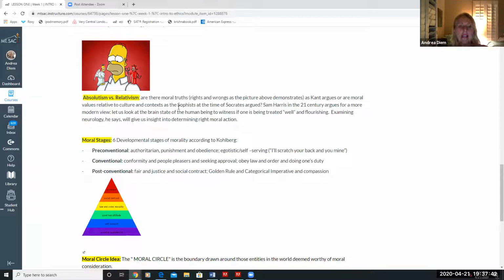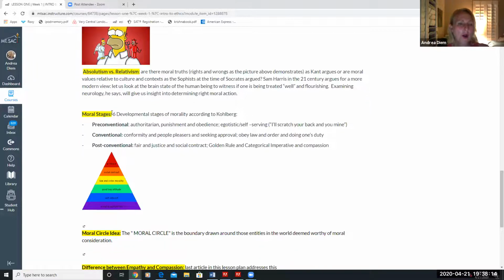If we see cases where, by examining the brain state, somebody is being abused, it's obviously a sign that person should not be abused. There's a certain clarity we have by looking at what's going on inside the brain state of a human being. If we witness the brain state flourishing and the person flourishing, they're being treated well. If they're being abused, that will show in neurological studies. So we can use almost brain studies to give us insight into how to act in the world. I don't know if that all made sense, but we'll cover it later.